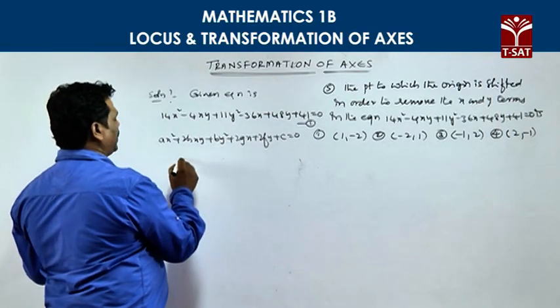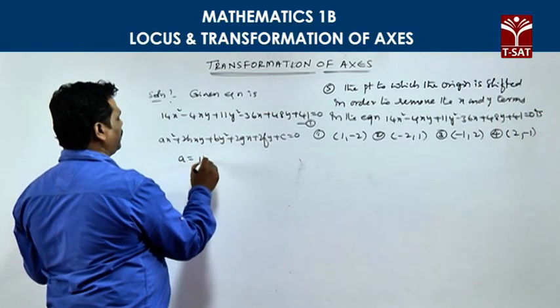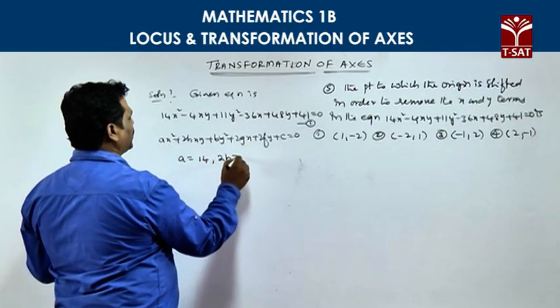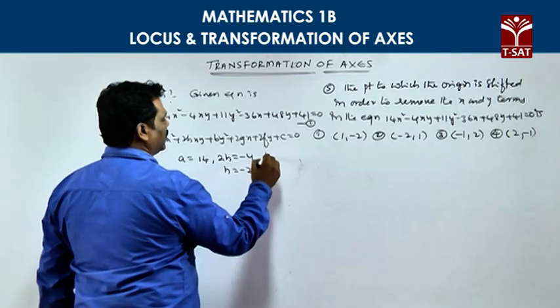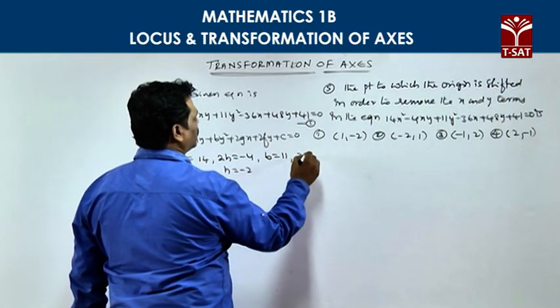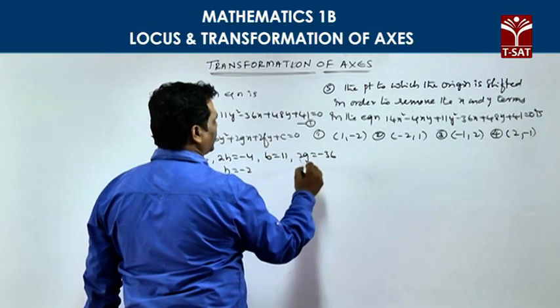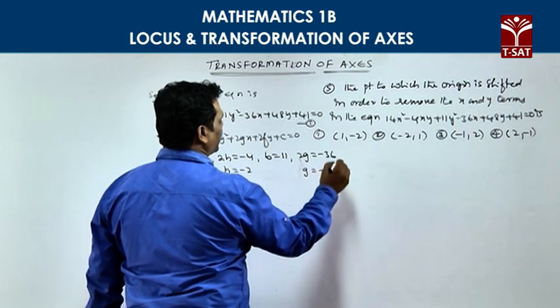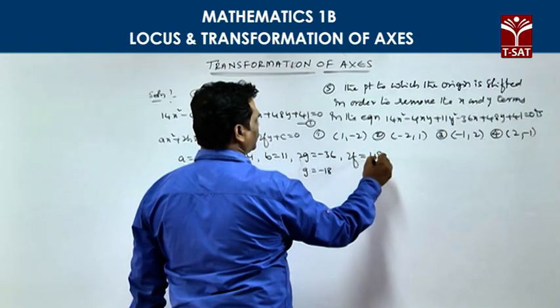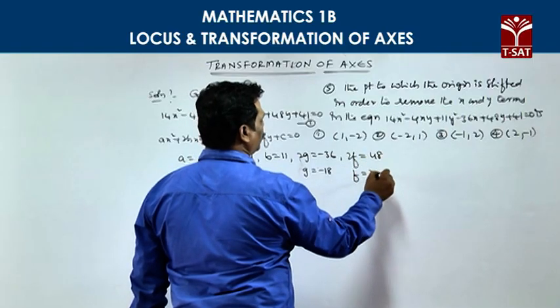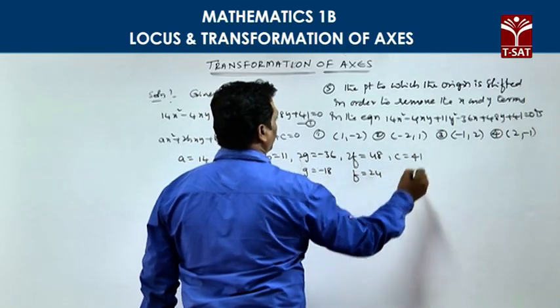comparing this equation, we get a is equal to 14, 2h is equal to minus 4, h is equal to minus 2, b equal to 11, 2g equal to minus 36, g equal to minus 18. So here 2f is equal to 48, f is equal to 24, c is equal to 41.